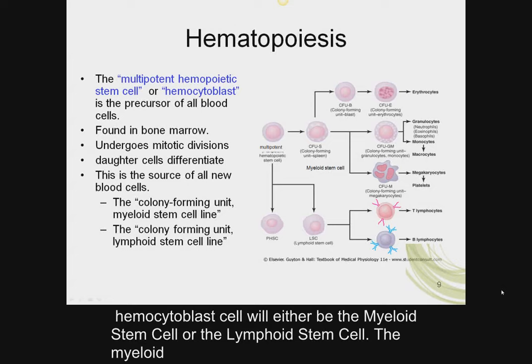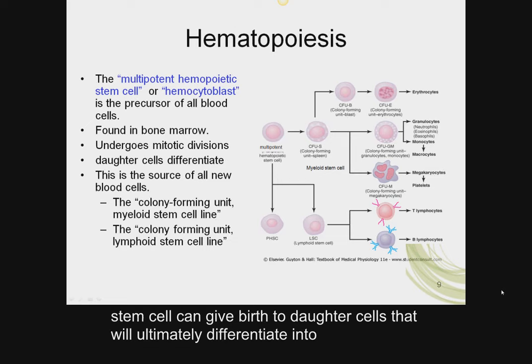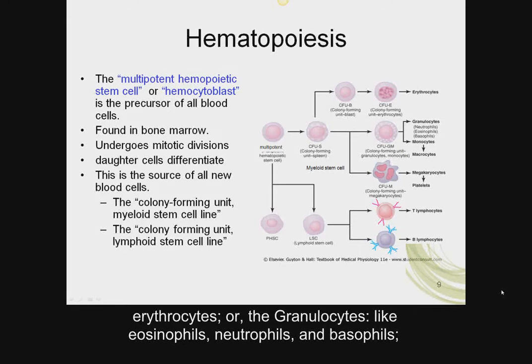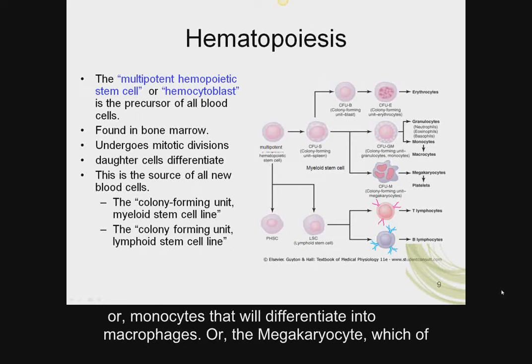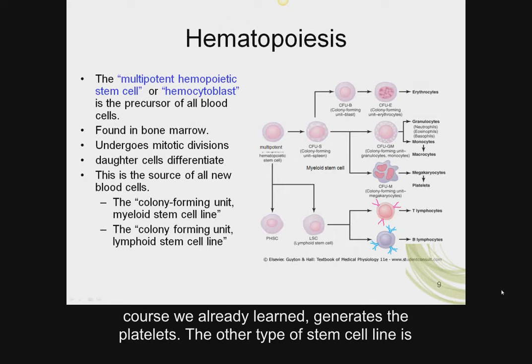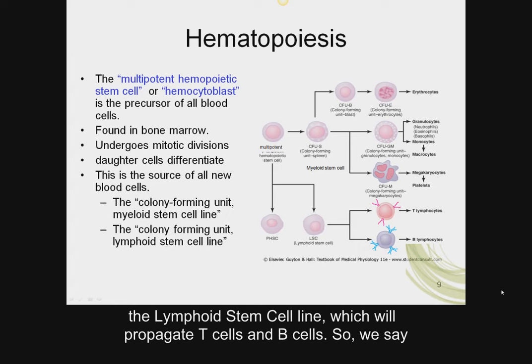The myeloid stem cell can give birth to daughter cells that will ultimately differentiate into erythrocytes, or granulocytes like eosinophils, neutrophils, and basophils, or monocytes that will differentiate into macrophages, or the megakaryocyte, which of course we already learned generates platelets.